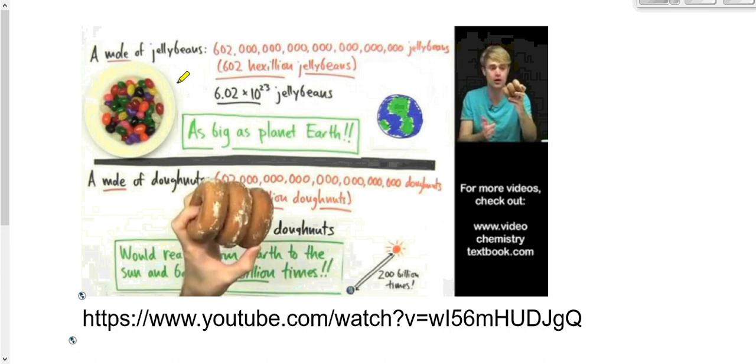If it was jelly beans, we'd end up with a grouping as large as the planet Earth. If it was a mole of donuts, we could get back and forth to the moon many, many billion times. A mole is a huge number. The reason we have to use such a huge number is because atoms and molecules are so ridiculously tiny that this is where we get a reasonable amount, an amount that we can actually work with.